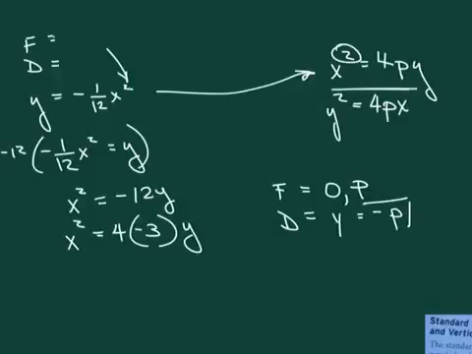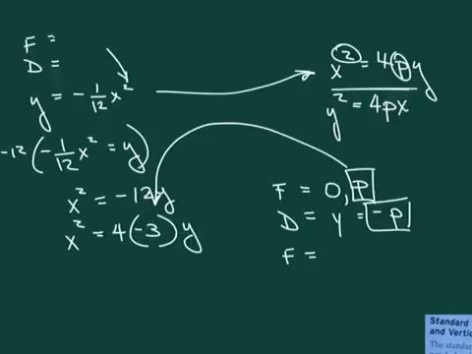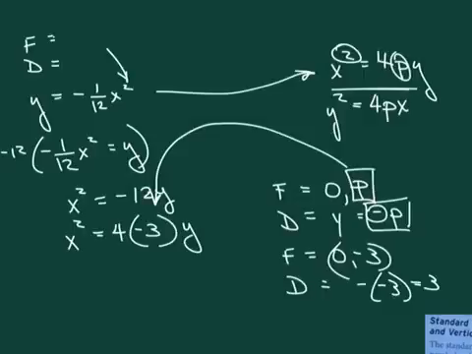So now all I have to do is figure out what my p is. Well, my p is right there, and it is that negative 3. So my focus is going to be 0, negative 3, and my directrix is going to be negative, from this negative right here, negative a negative 3, which is going to be positive 3.